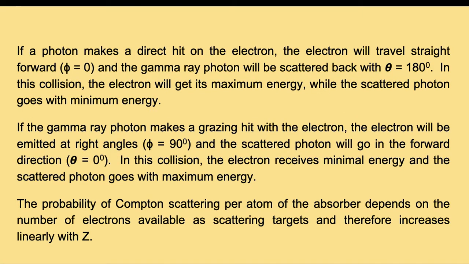The probability of Compton scattering per atom of the absorber depends on the number of electrons available as scattering targets and therefore increases linearly with Z. So the probability of Compton scattering increases with the increase in Z because when Z increases, you have a higher probability of hitting more electrons.